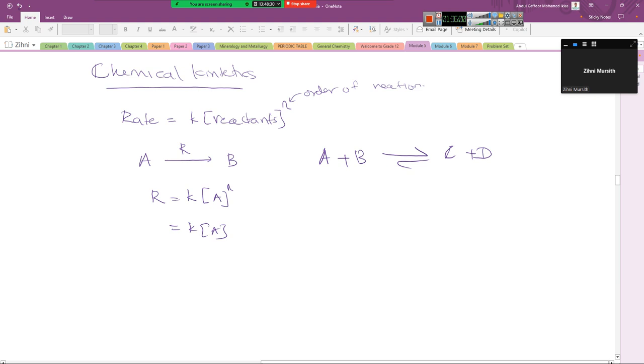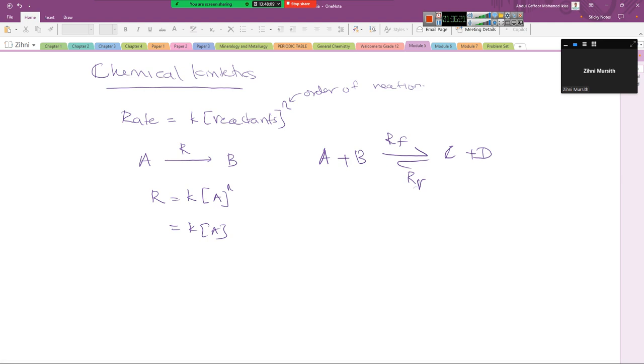Now I am going to call this RF and this RR. RF means forward direction, and RR means reverse reaction rate. Can you understand this?